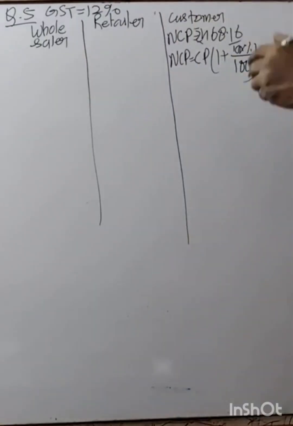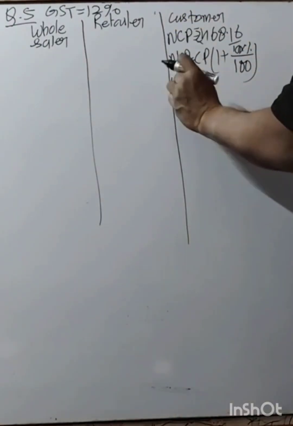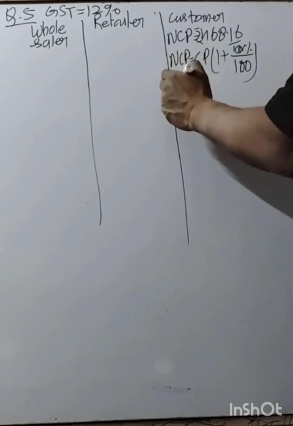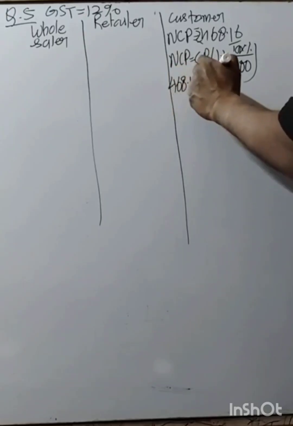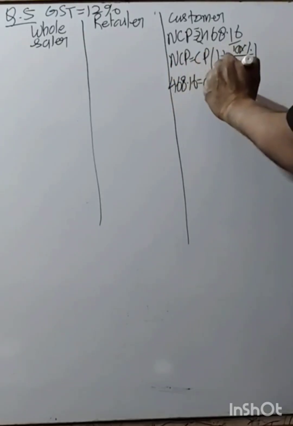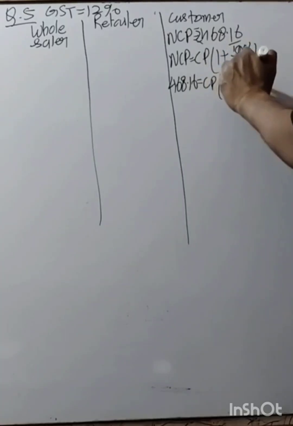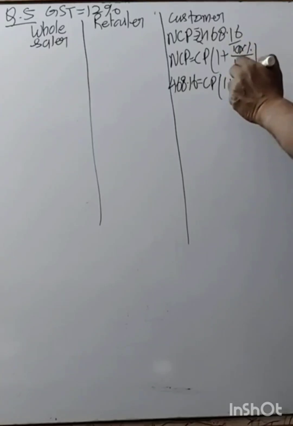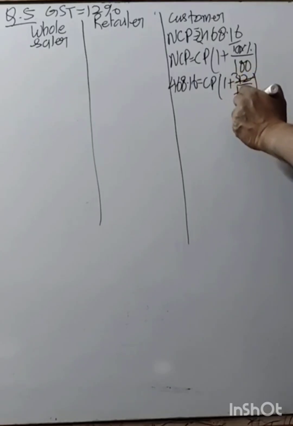So 468.16 is equal to CP times bracket 1 plus 12 upon 100. 12 divided by 4 becomes 3, and 100 divided by 4 becomes 25.